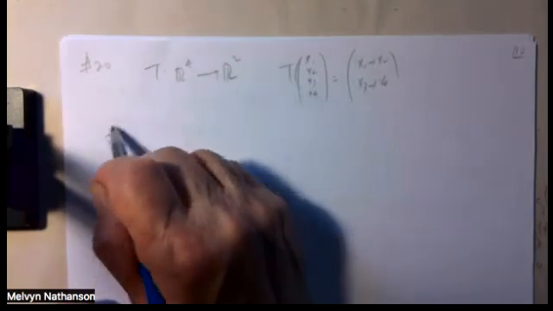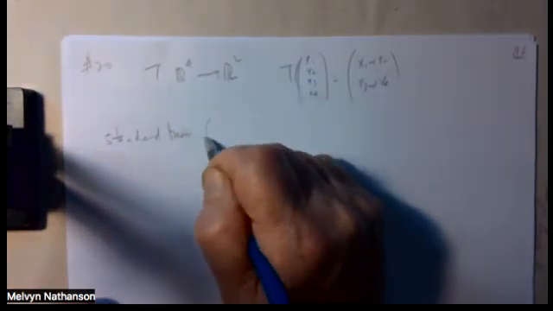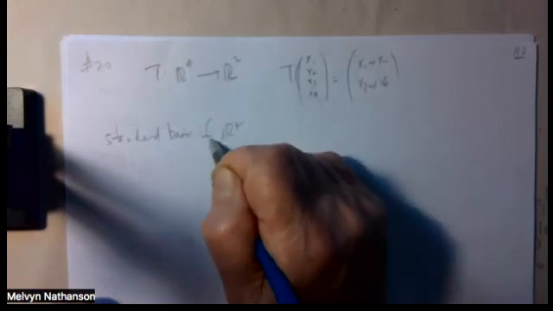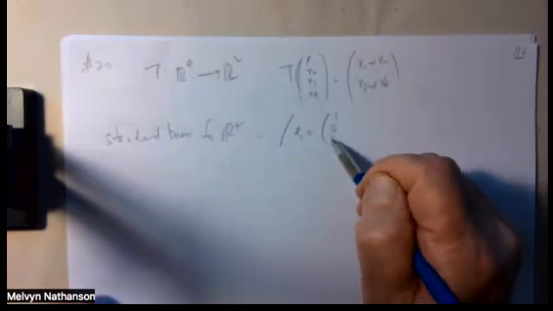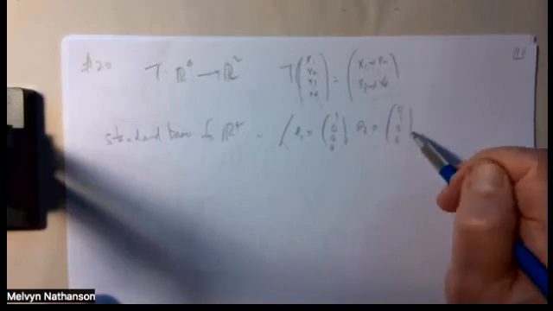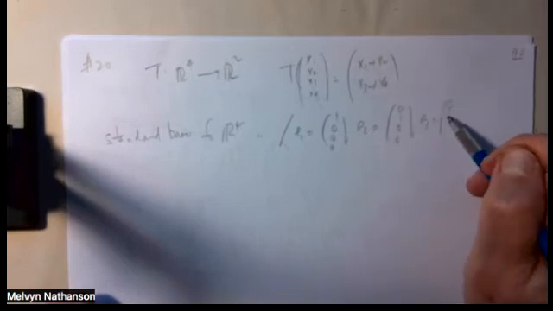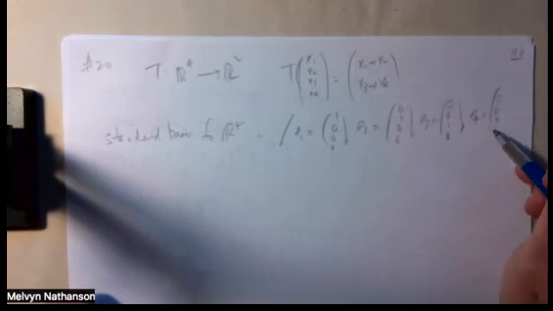So the standard basis for R4 is E1, the vector 1, 0, 0, 0. E2 is the vector 0, 1, 0, 0. E3 is the vector 0, 0, 1, 0. And E4 is the vector 0, 0, 0, 1.